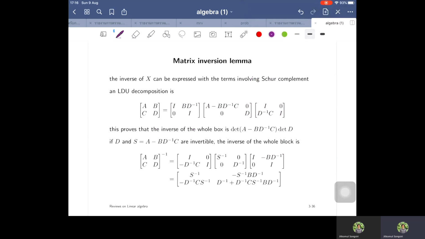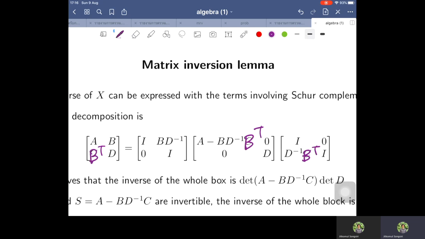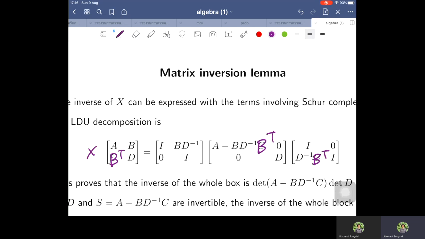Now we consider the symmetric matrices, right? So, how about if we know that X is positive definite? What do you see here?